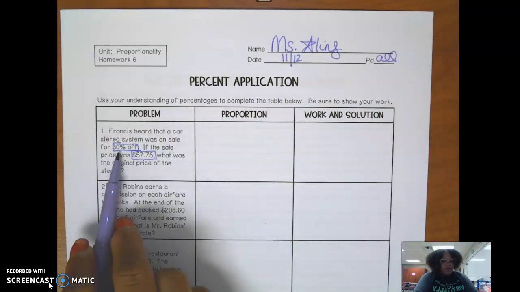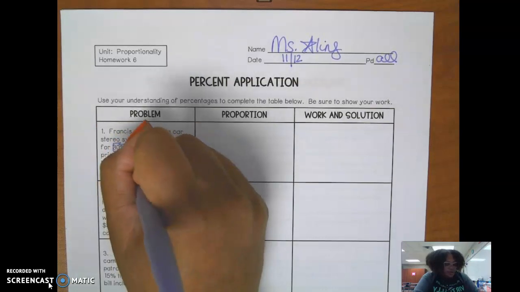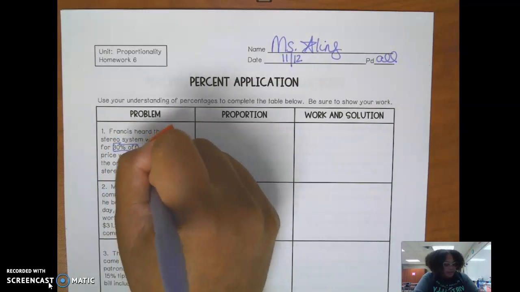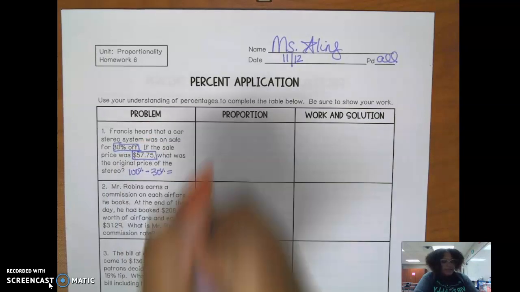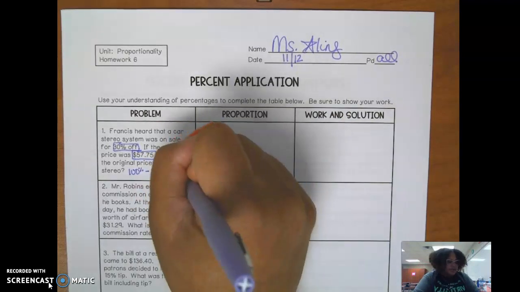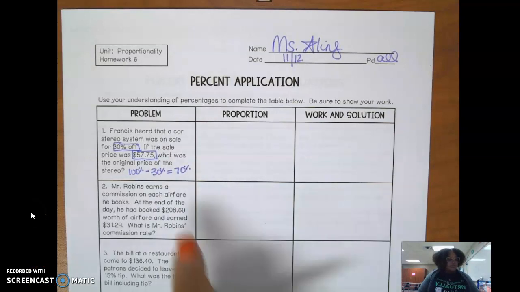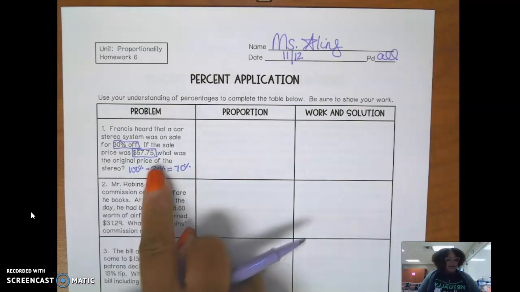Because I took 30% off, I'm going to do 100% minus 30%, and that's going to be what I paid. So that's going to be my 70%, because 100 minus 30 is 70%. Okay, so 70% is what I paid, and that 70% is the $57.75.